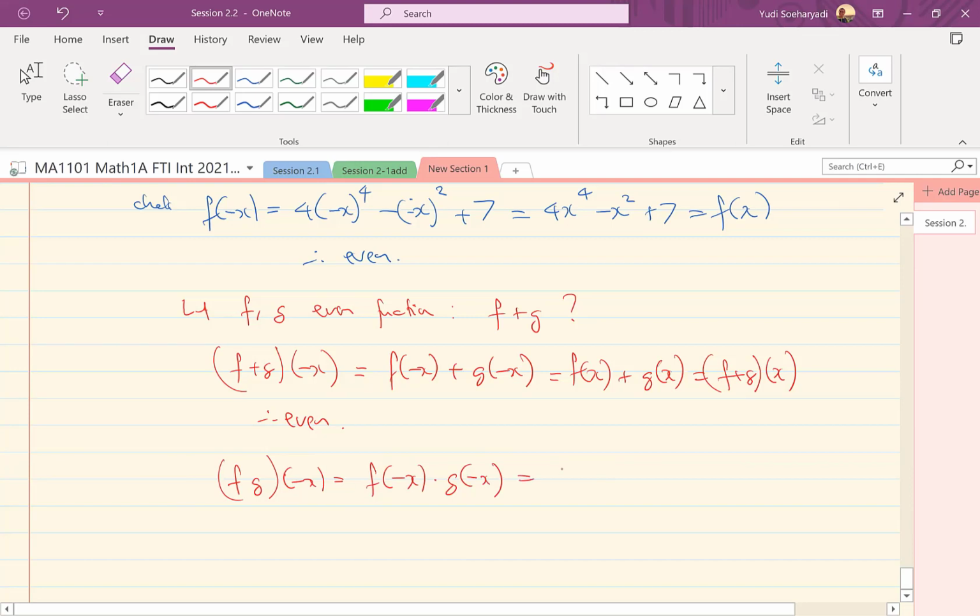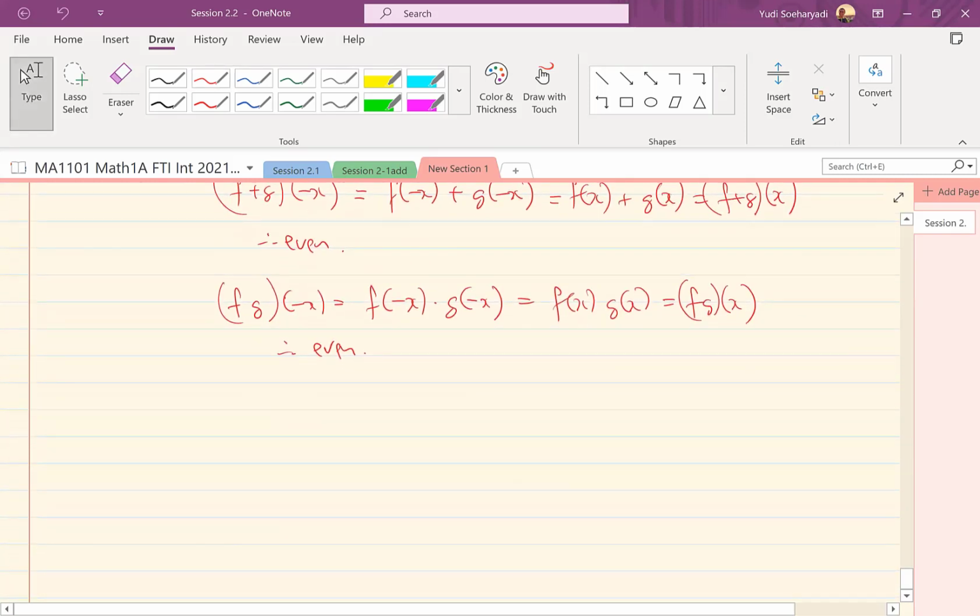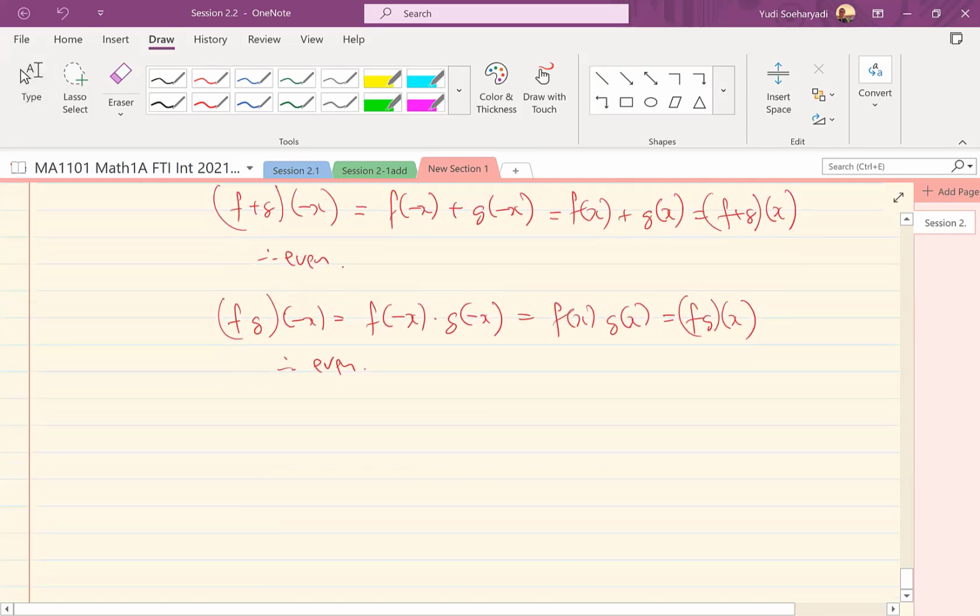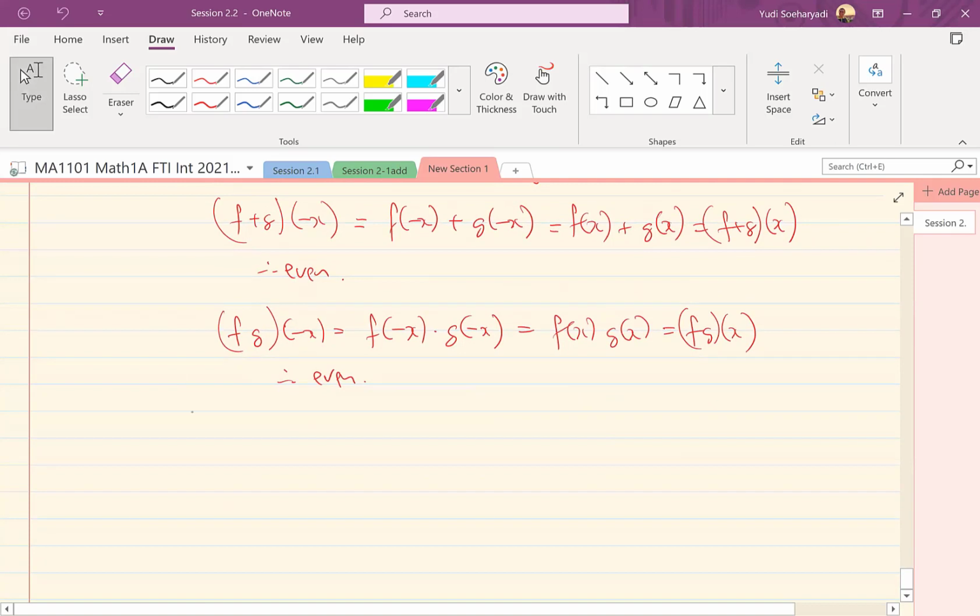But both are even, so this is f of x, this is g of x. f times g, so this is even.